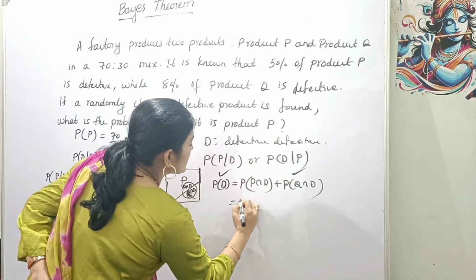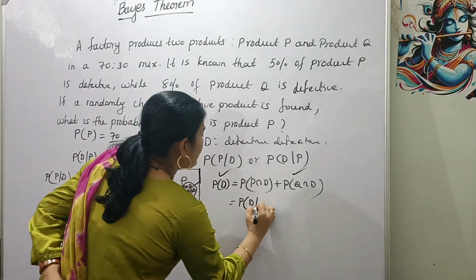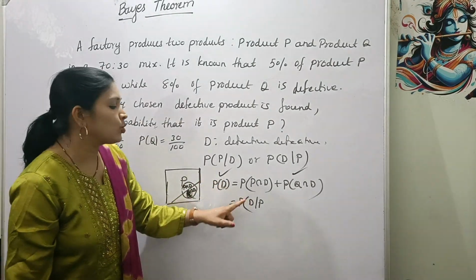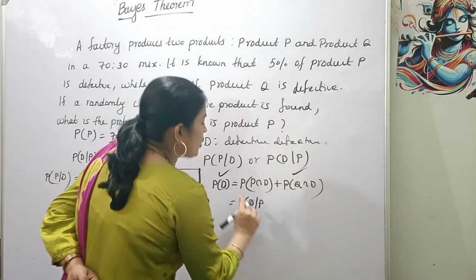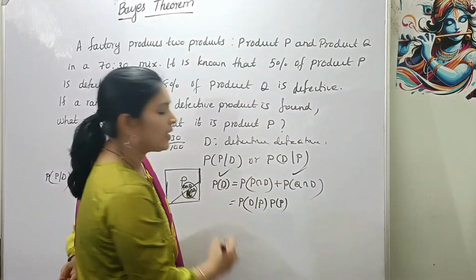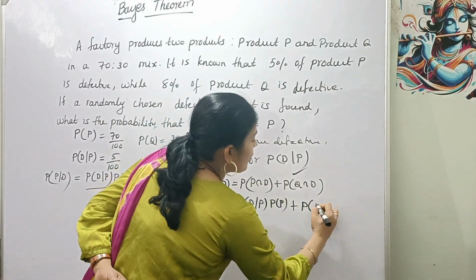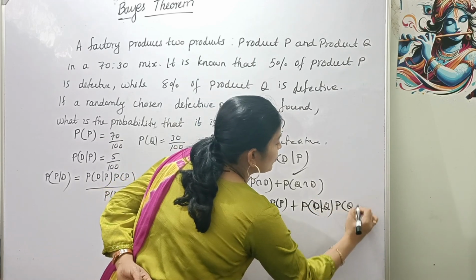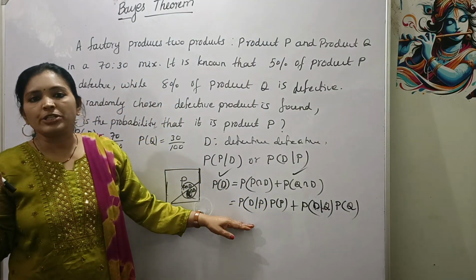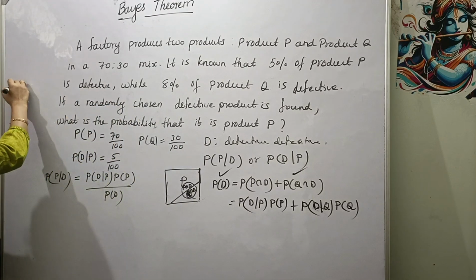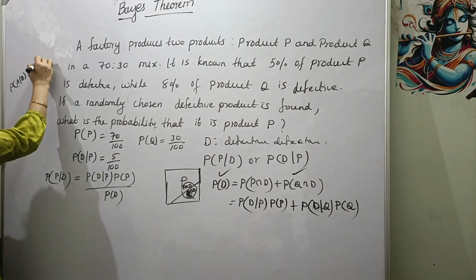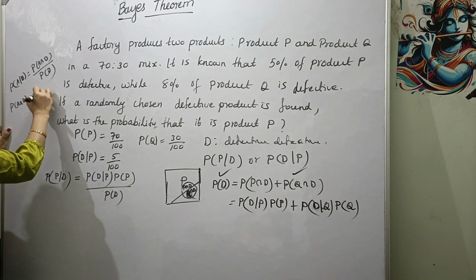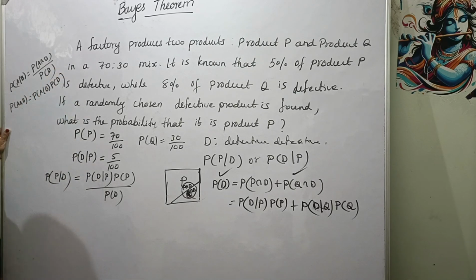This can be written as probability of D given P, or you can write P given D, but this one we have to find, therefore it is better to write probability of D given P into probability of P, plus probability of D given Q into probability of Q. This is from our conditional probability formula: probability of A given B is equal to probability of A intersection B divided by probability of B. That is, probability of A intersection B is equal to probability of A given B into probability of B. The same formula is applied here.